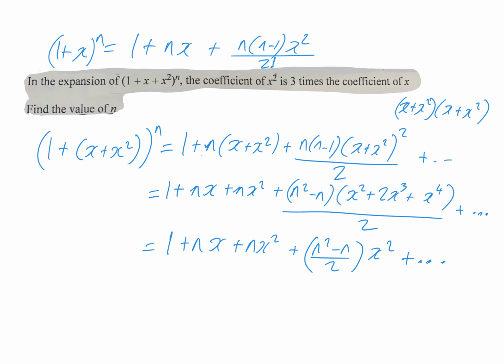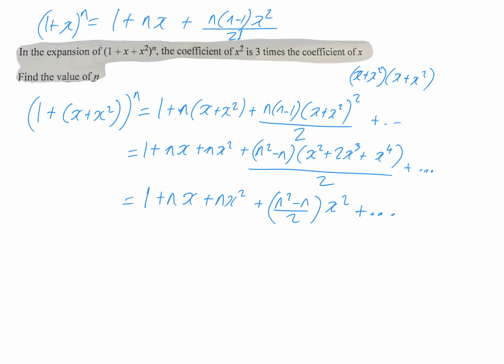We're told that the coefficient of x squared is 3 times the coefficient of x. So we've got to tidy this up again and group these together. We have 1 plus n times my x. This is my coefficient of x.